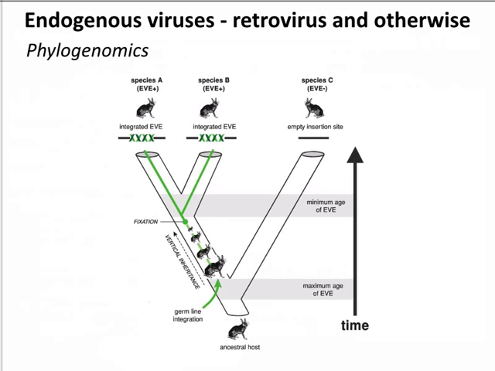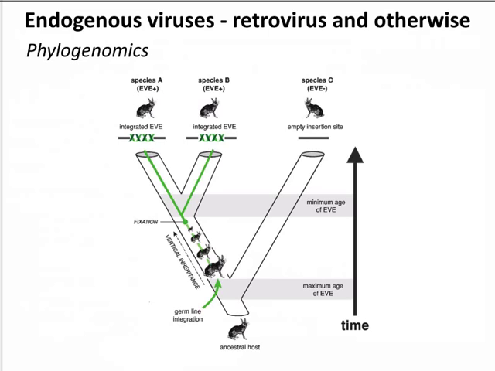And you can look at where the viral sequences are integrated in the chromosomes and tell about when the integration occurred. So if these two individuals share a common integration site, so the virus DNA has to be in the same place in the chromosome in both species, that means it infected them before they split in speciation. So this integrated endogenous virus element went into the precursor of these two animals somewhere around here.